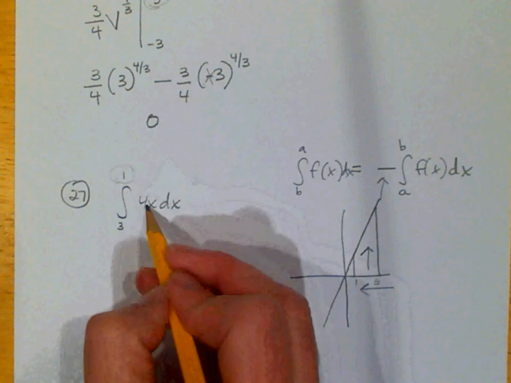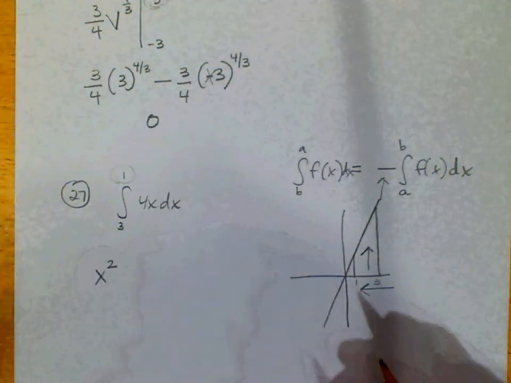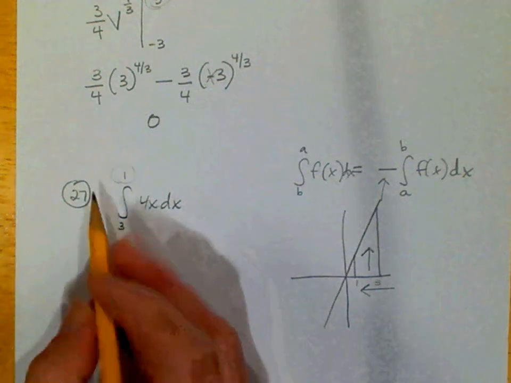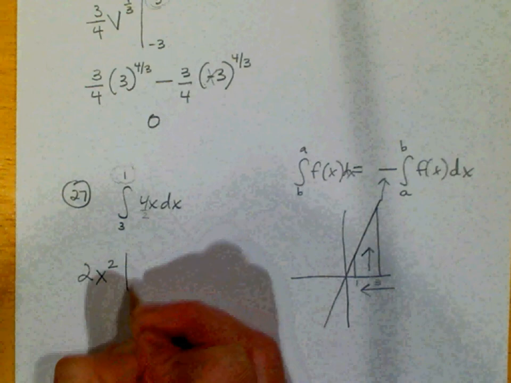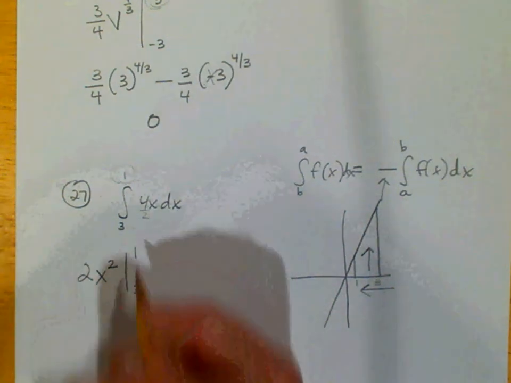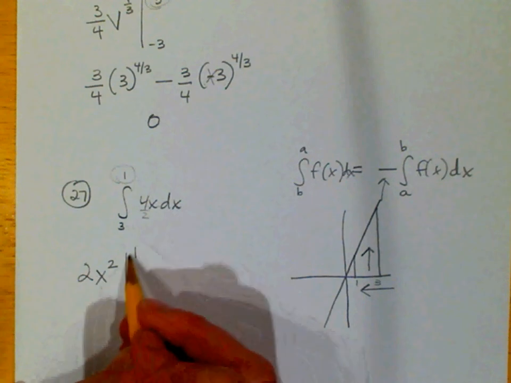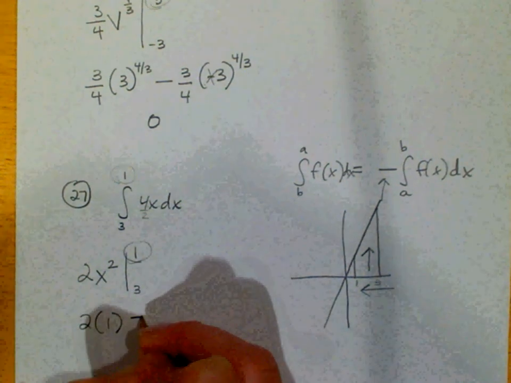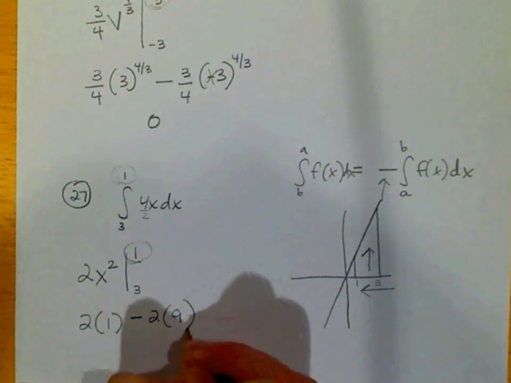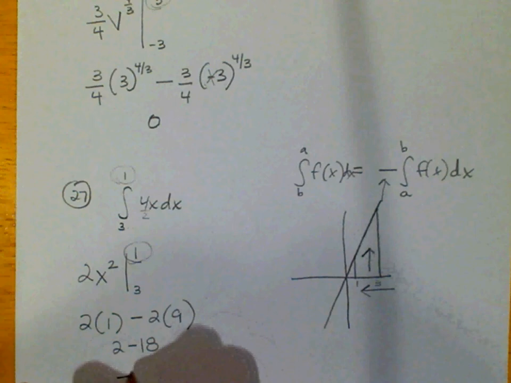You're going to raise that power, so I'm going to go to an x squared, and I'm going to divide out in front by a 2, so I get 2x squared, and we're going to evaluate that from 3 to 1. Substitute in a 1 first. That's 2 times 1 squared minus 2 times 9. My final answer is 2 minus 18, or negative 16.